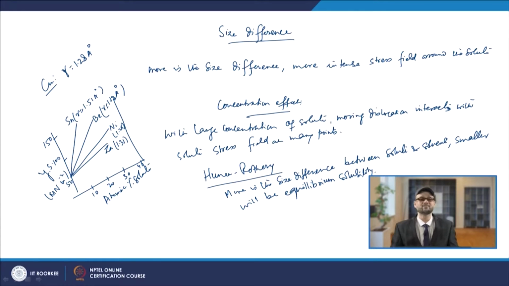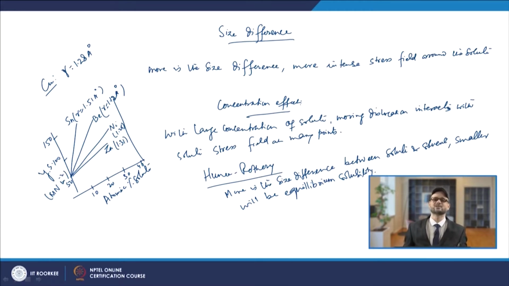But then you have the example of interstitial solid solutions, and this concept is very much used in very popular types of materials like steel.